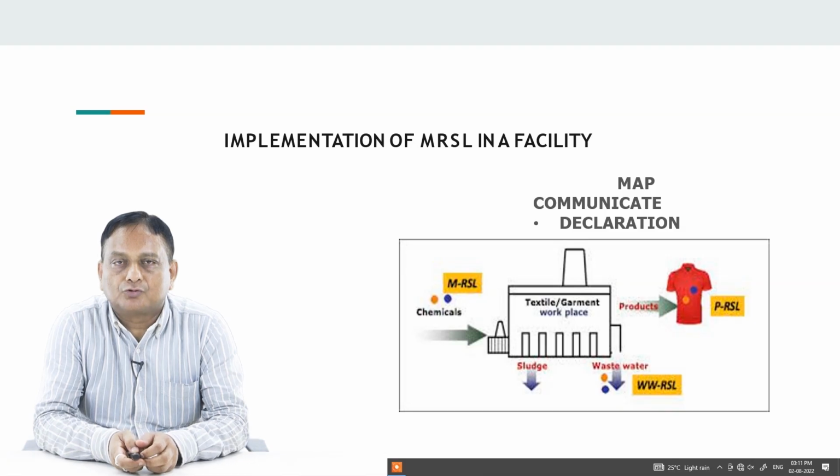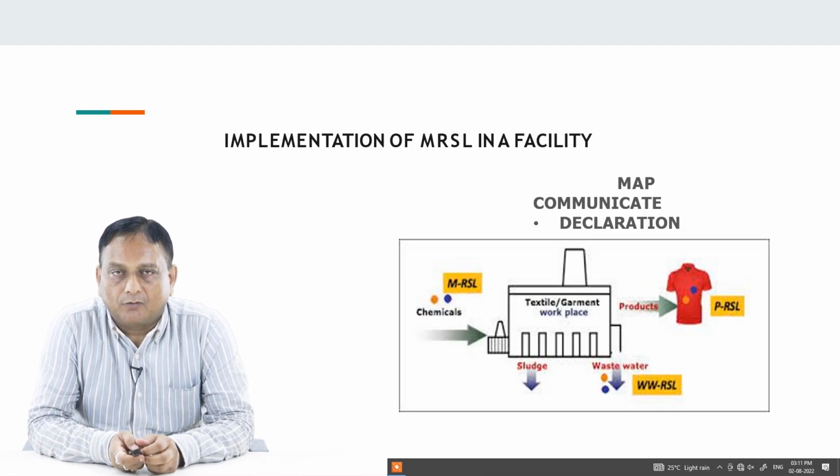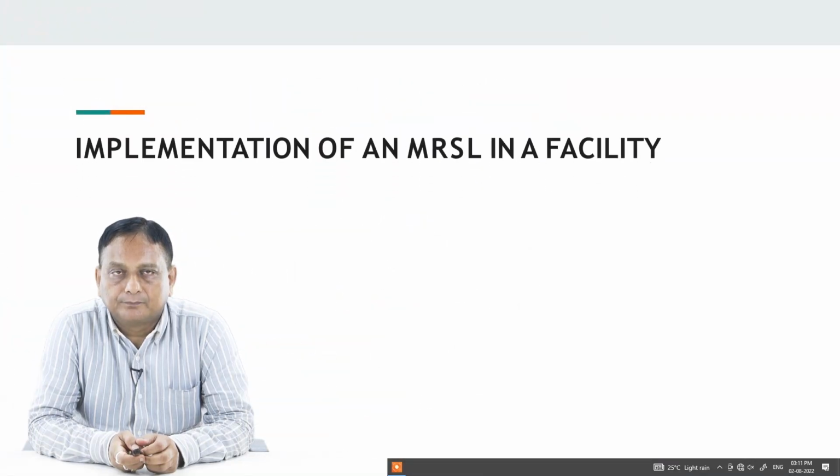So chemicals are to be controlled in the MRSL form before they go into these processes and produce the garment. At the garment stage we test the RSL, that is the restricted substances. Wastewater also, if you see, different chemicals can be found in it. So it is an indirect way of measuring whether restricted substances are used in the process or not.